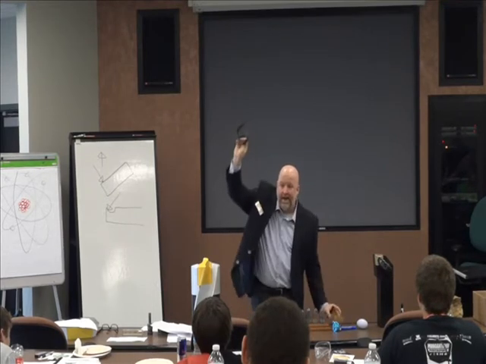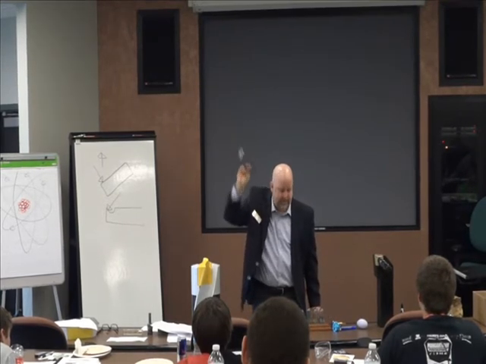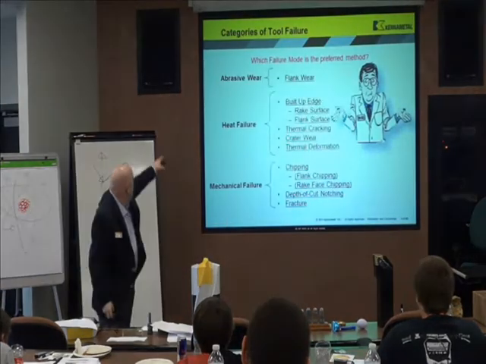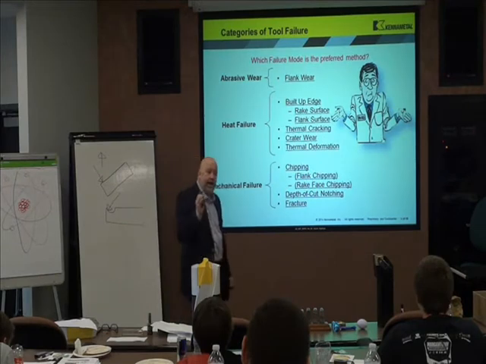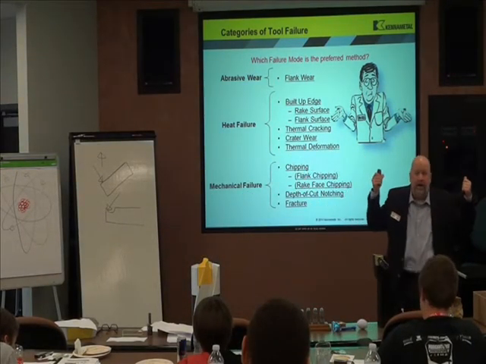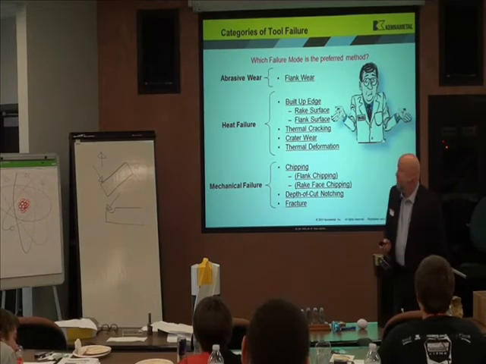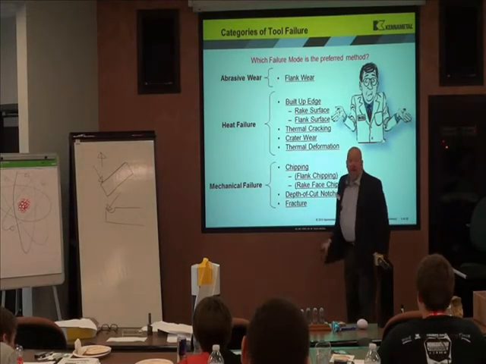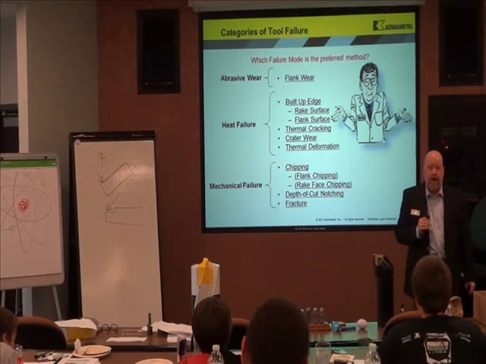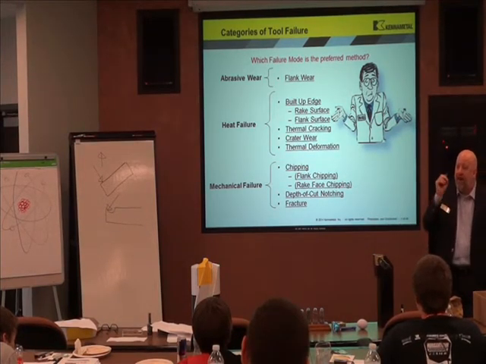This dissolves and goes away with this. We call it abrasive wear, but it is actually a chemical reaction that's taking place. You control that through your heat and pressure. I want flank wear. Flank wear is my friend. My tool's going to wear out. If I have flank wear, I can control it.